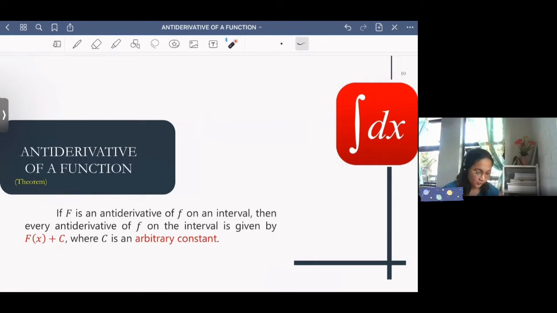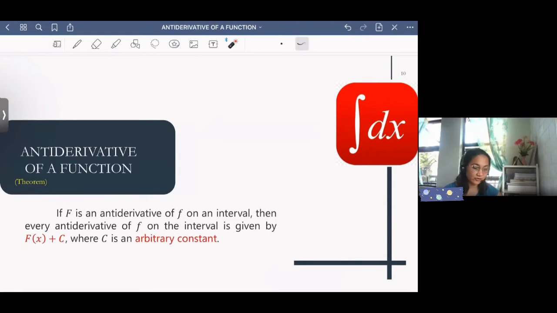Let us proceed to this theorem with respect to the arbitrary constant. If uppercase F is an antiderivative of small case f on an interval, then every antiderivative of small f on the interval is given by uppercase F of x plus c, where c is an arbitrary constant.